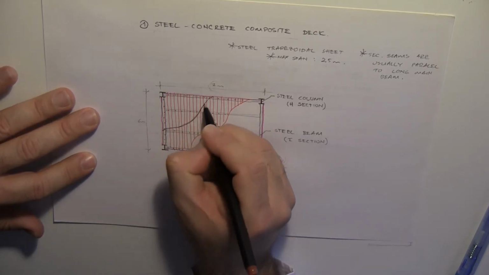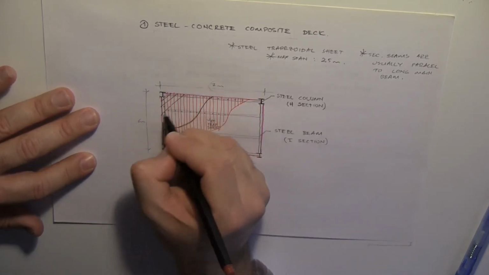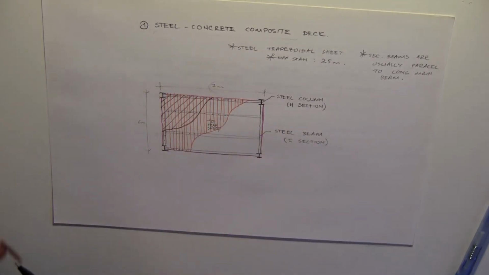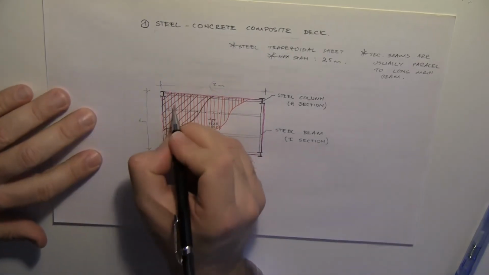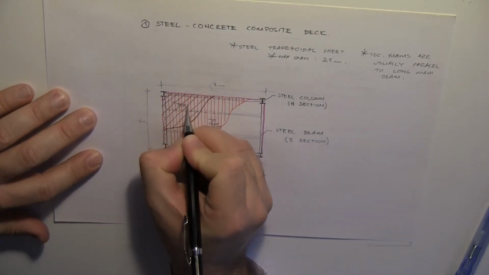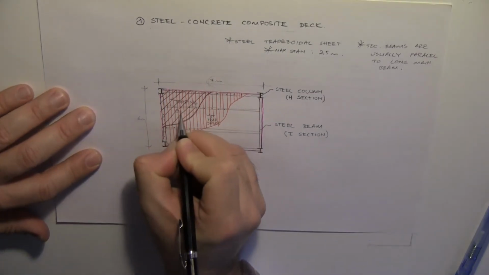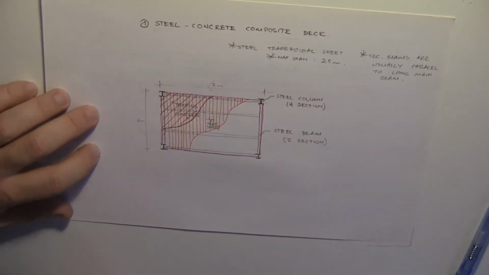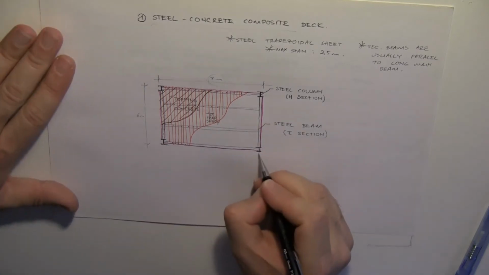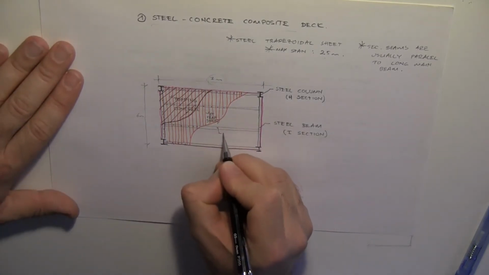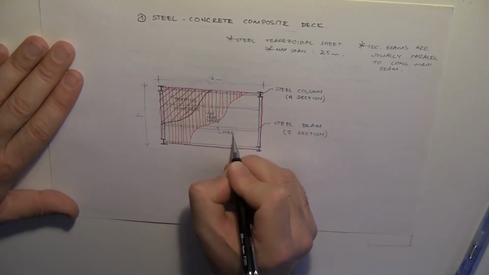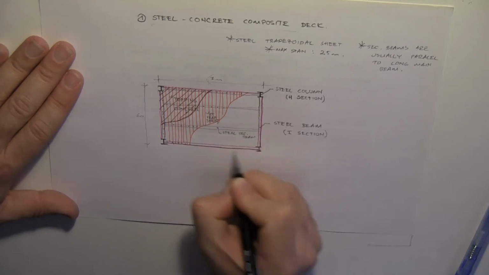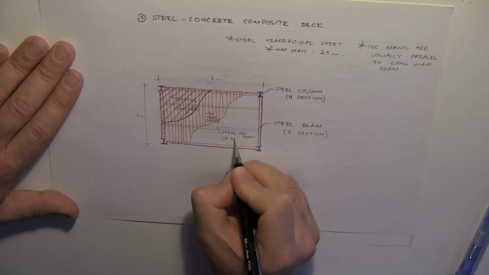Okay, now the blue hatch that I use here, the brown hatch that I use there is going to represent the topping concrete that I have there. And this is my steel secondary beam. And what section is it? It is an I section.